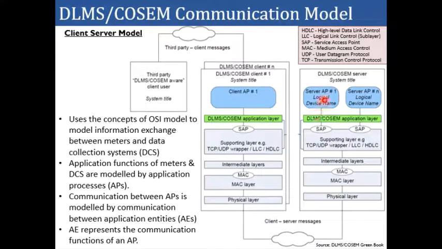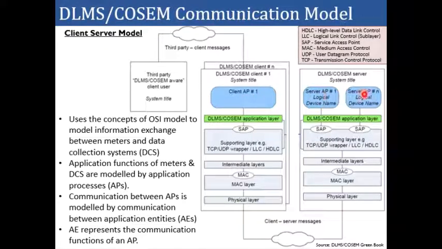They provide the data sensed from the power lines. So you will have multiple logical devices built into the server. These application devices will have separate application processes for sending data. These application processes are responsible for sending data to the client side application process.